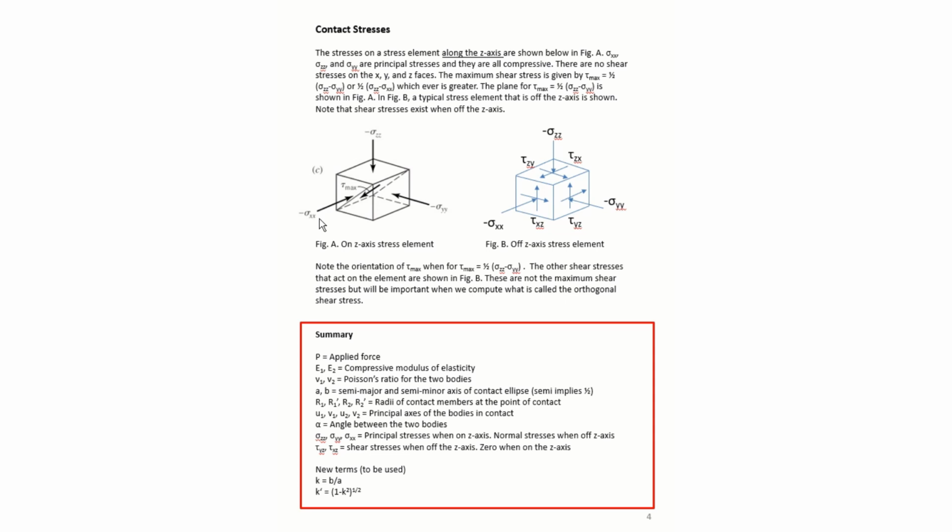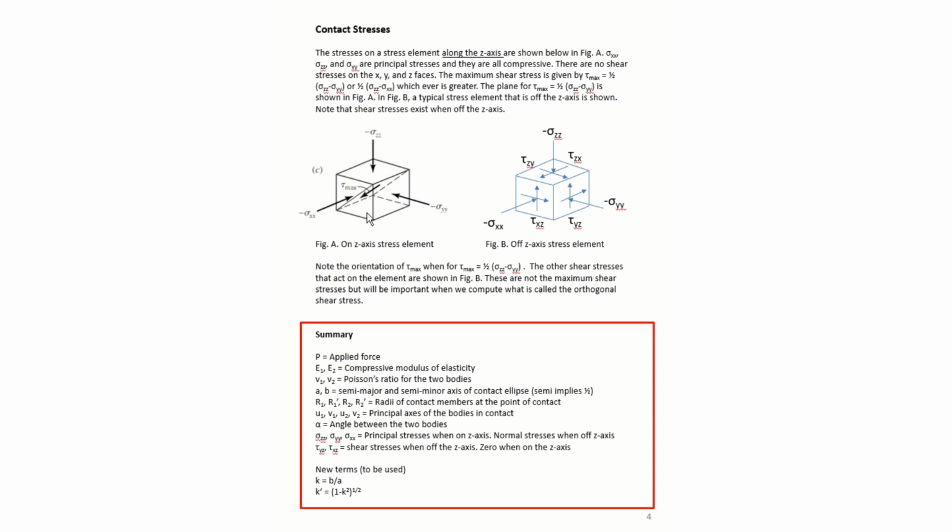Now, shear stress does exist on other planes, and we can compute what that shear stress is by taking the difference between sigma zz and sigma yy and dividing by 2, or sigma zz and sigma xx dividing by 2, whichever value is the greatest would be the maximum shear. And those would occur on these different planes, but not on the x, y, and z planes as shown here.